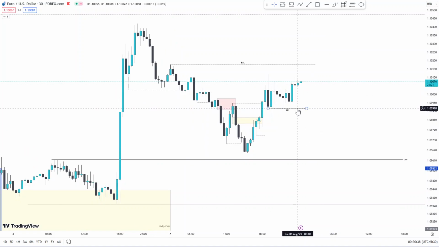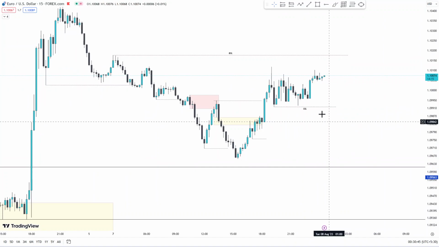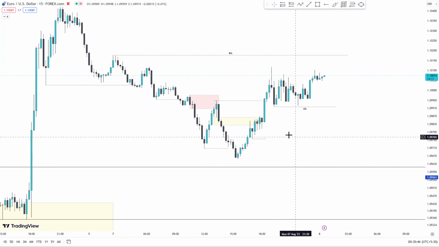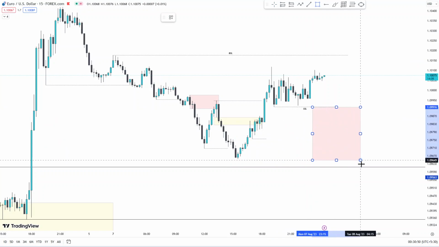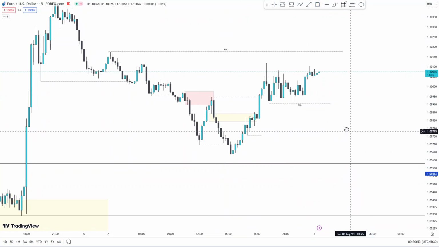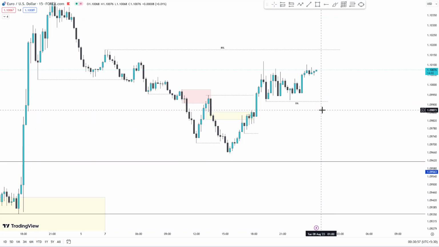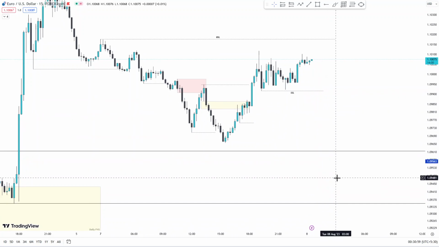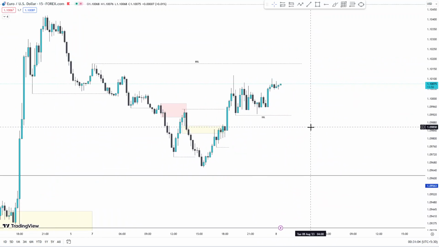If this takes out this sell side liquidity, I would be looking for some longs. I wouldn't be shorting in this area. I wouldn't be shorting below this sell side liquidity for sure. If price comes below this sell side liquidity and doesn't give any confirmations for longs, I will definitely wait for this order block to get mitigated and look for longs.